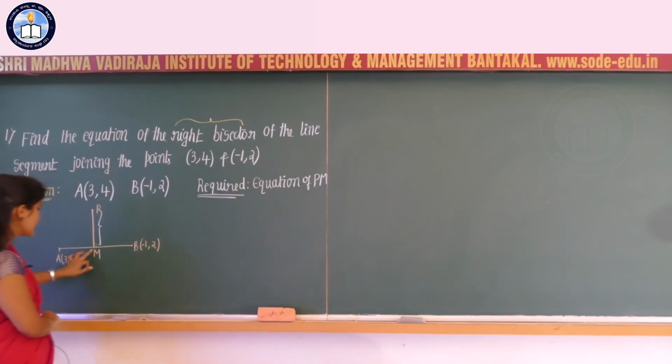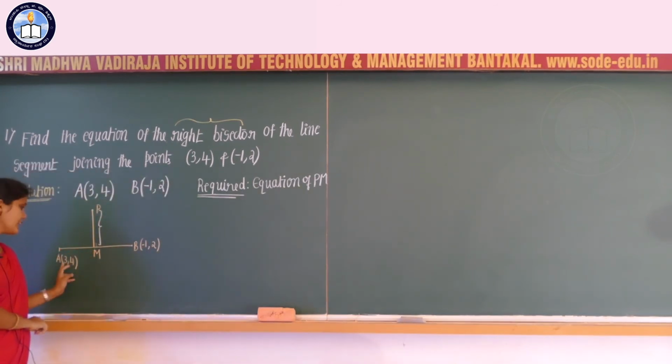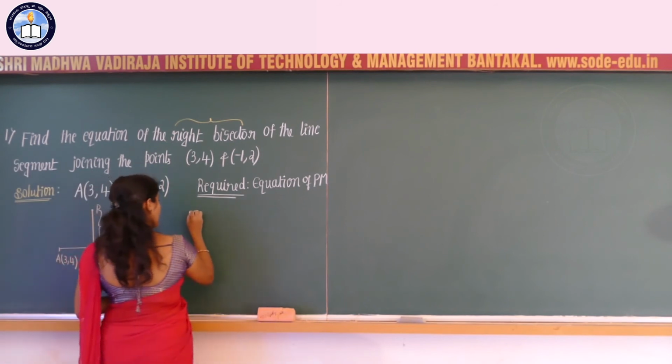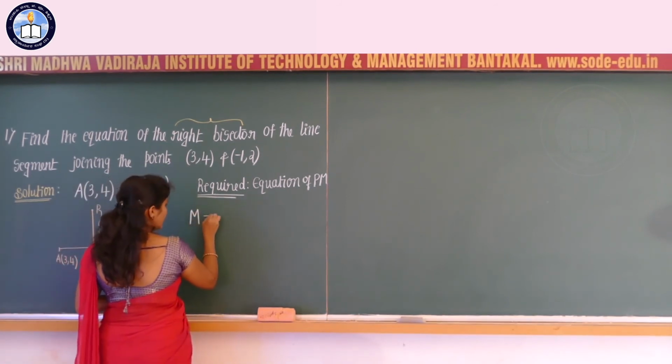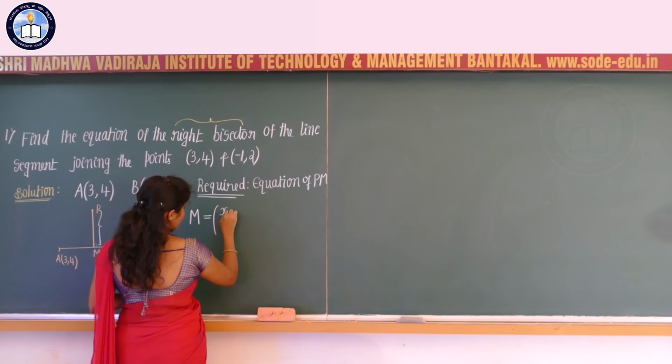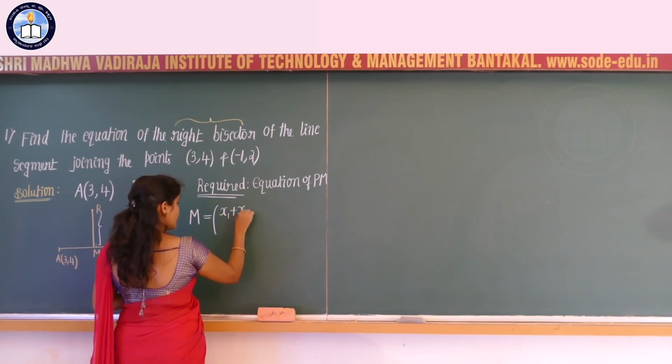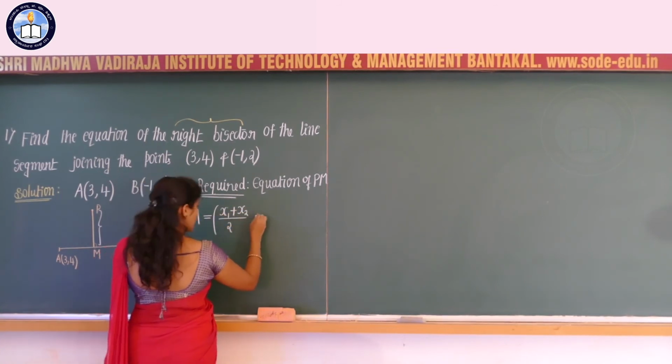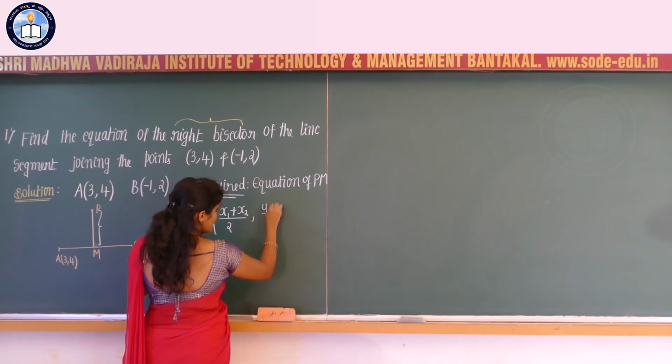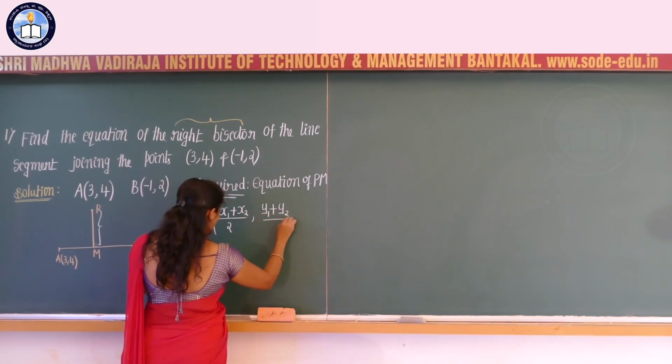Since M is the midpoint, by considering the midpoint formula we can find the coordinates of the point M, correct? Coordinates of the point M are given by the formula (x1 plus x2) divided by 2, comma (y1 plus y2) divided by 2.